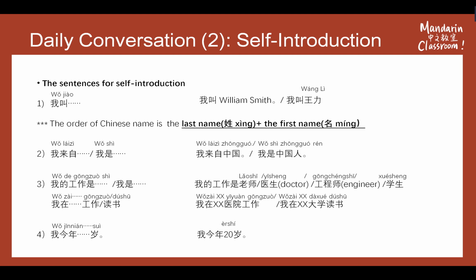But one point I want to tell is about the age. In English, for example, in America, if you were born in 1990, then for this year, your age is 30 years old, right?